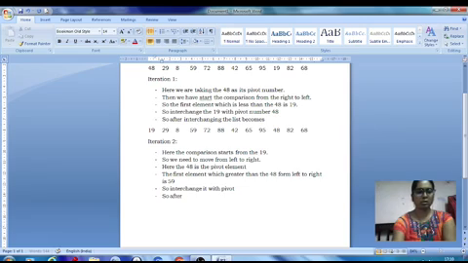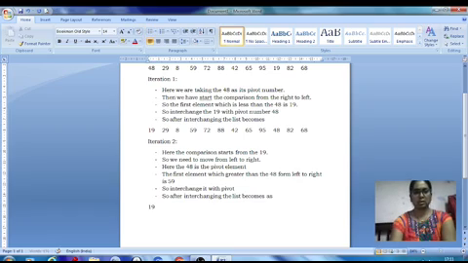After interchanging, the list becomes 19, then 29, then 8, then 48.